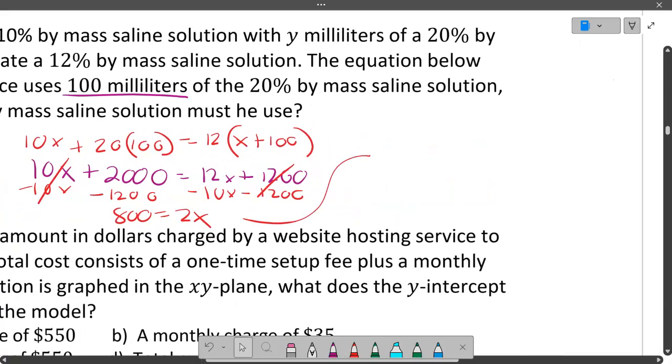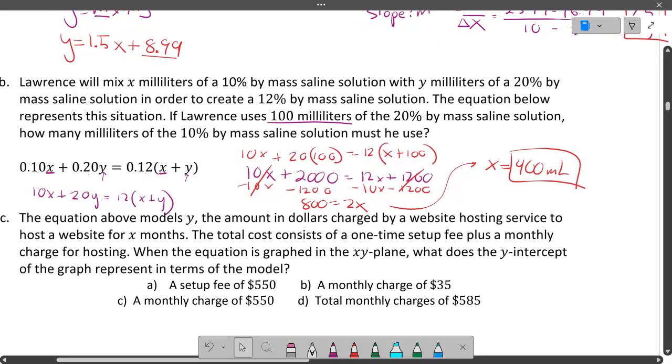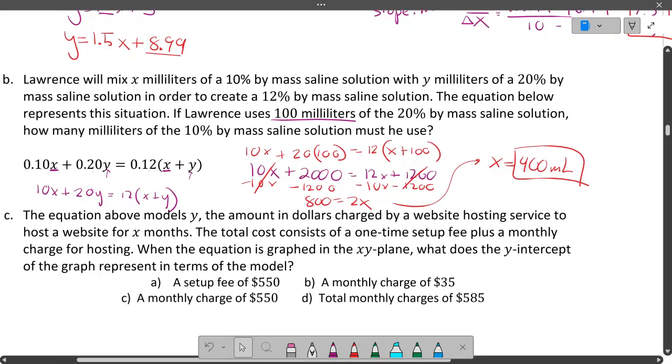Okay, so X equals 400 milliliters. So if he uses 100 milliliters of the 20%, he needs 400 milliliters of the 10%.